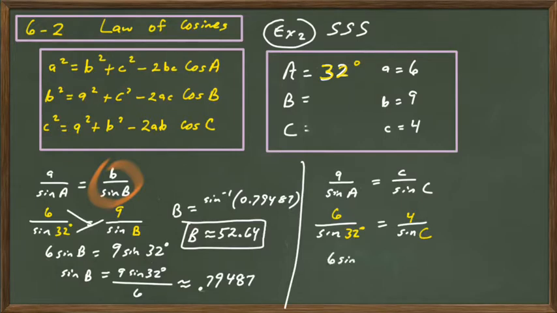So 6 times the sine of C is equal to 4 times the sine of 32. So C is going to equal the arc sine of 4 sine 32 over 6. And what is that? So if I do arc sine of 4 times sine of 32, and then I want that divided by 6.